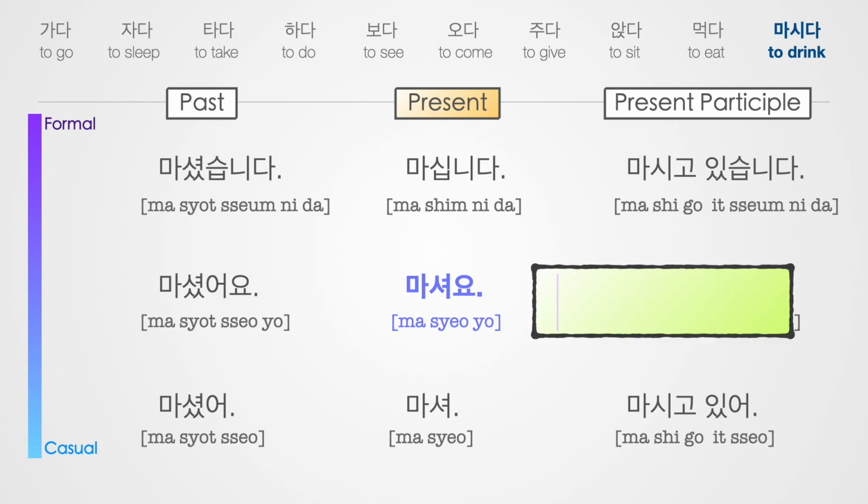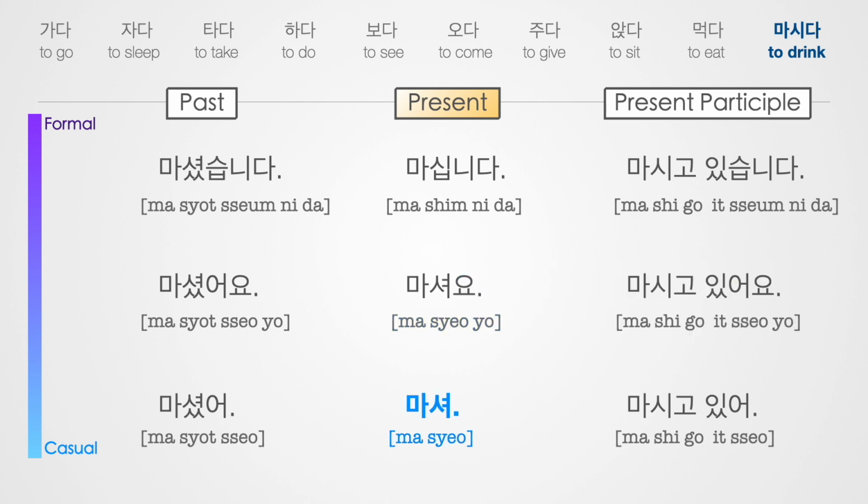Here we're adding the verb ending 어요 and it forms 마셔요. 마셔. 마시고 있습니다. 마시고 있어요. 마시고 있어. This is all for now.